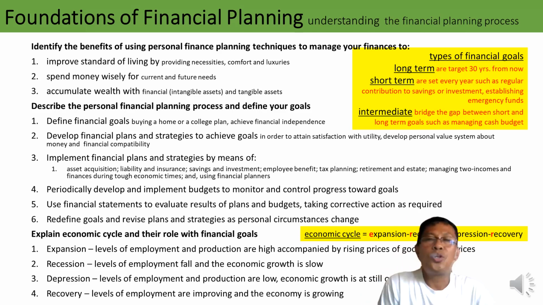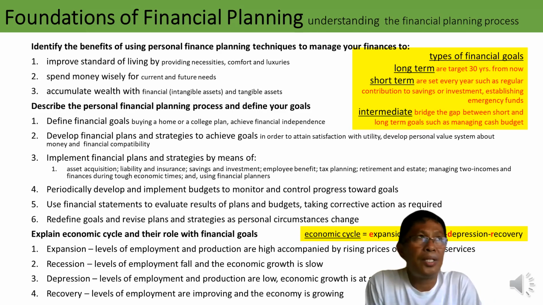And for your short term, that is your year-to-year activity. We're going to collectively have a summary of your monthly spendings and savings and investment, and how well you profile them to form how much is your savings, how much is your investment, and how much is your emergency fund.